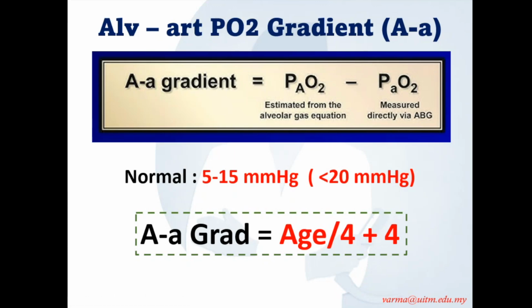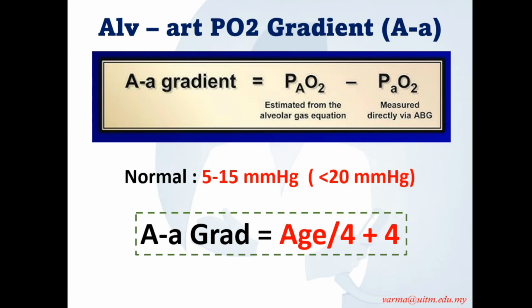The difference between alveolar and arterial increases for every decade of aging. Because there is a change in lung parenchyma, there will be diffusion limitation and reduction in gas exchange. Thus the difference between partial pressure of alveolar oxygen and arterial oxygen will increase. The gradient will increase.